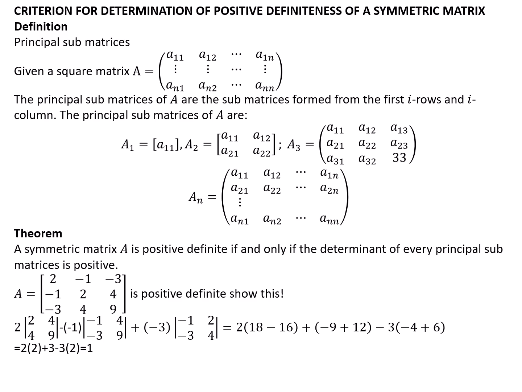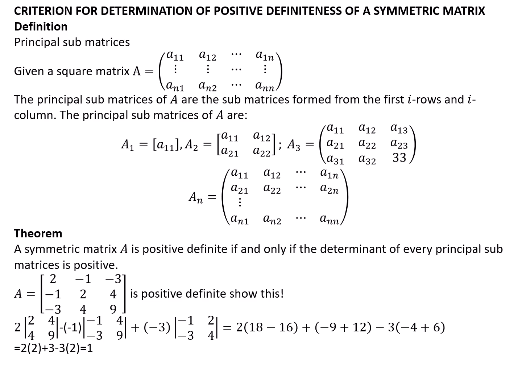Look at the second one, -1, 4; -3, 9. Find the determinant of this submatrix. You will have -9 plus 12, which is 3, which is positive.